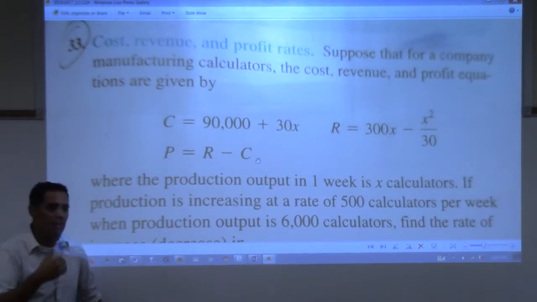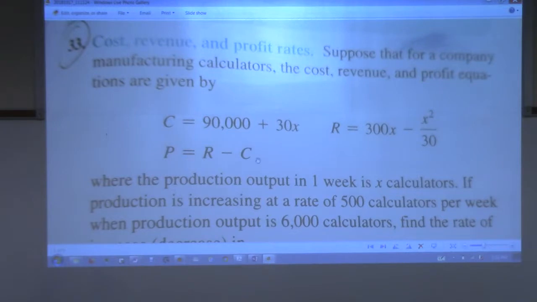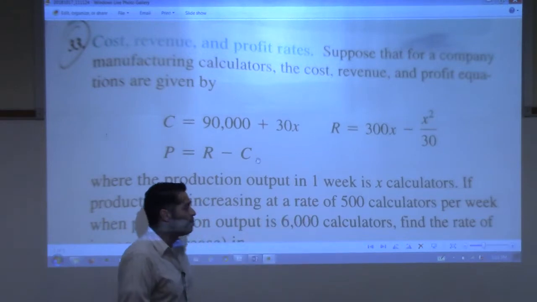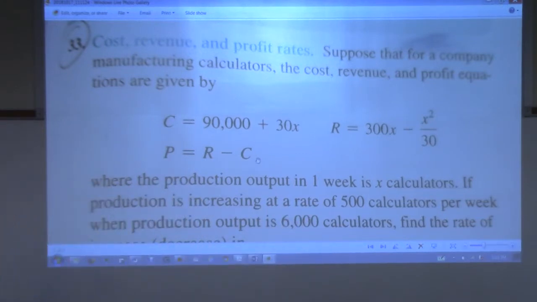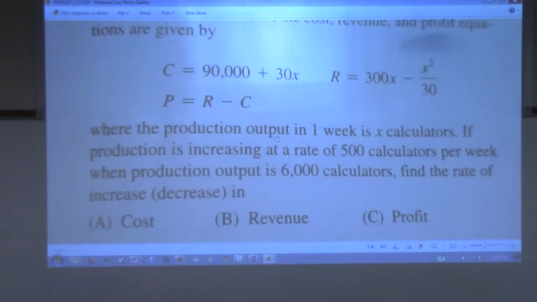Like, we're making so many calculators per week, all right? If production is increasing at a rate of 500 calculators per week, when production output is 6,000 calculators, find the rate of increase or decrease of cost, revenue, and profit.